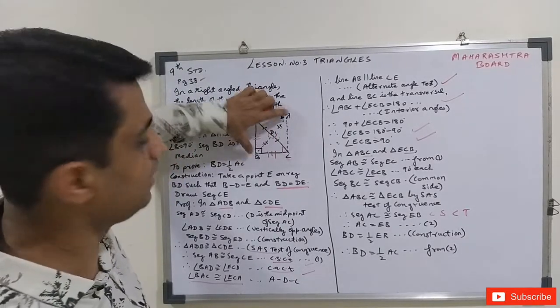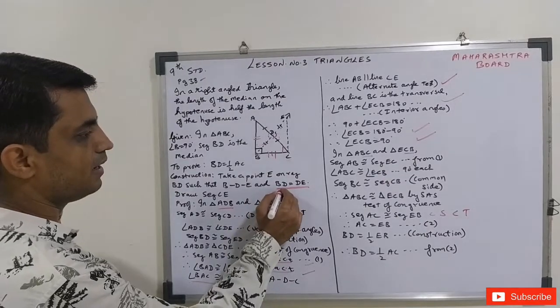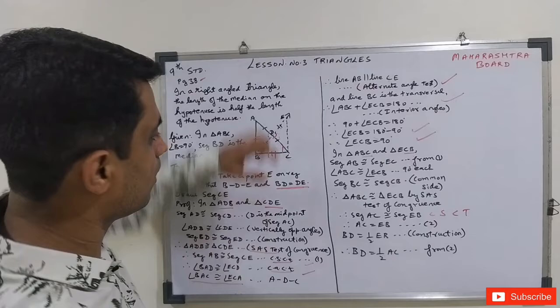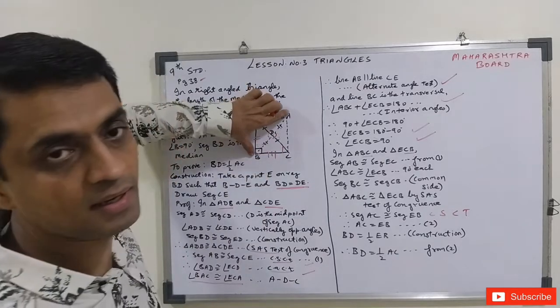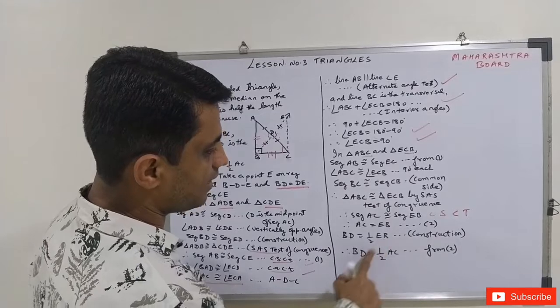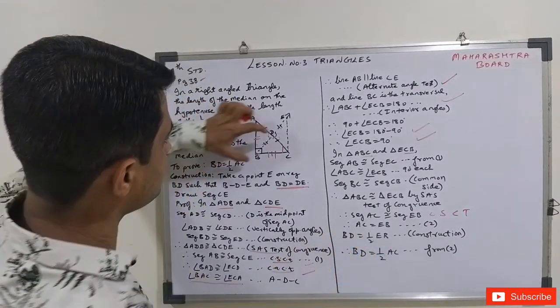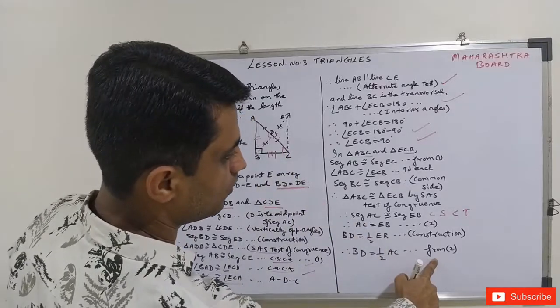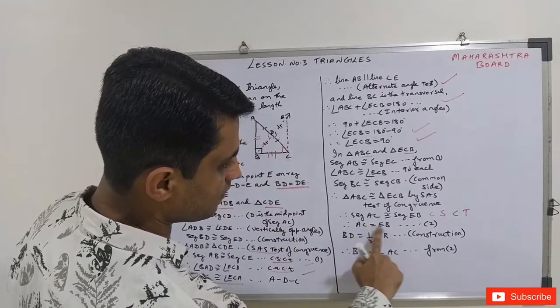Here we said BD is equal to DE. What does it mean? BD is half of BE. Now, instead of BD is half of EB, we can write BD is half of AC. So, BD is half of AC. Why? From 2, where AC is equal to EB.